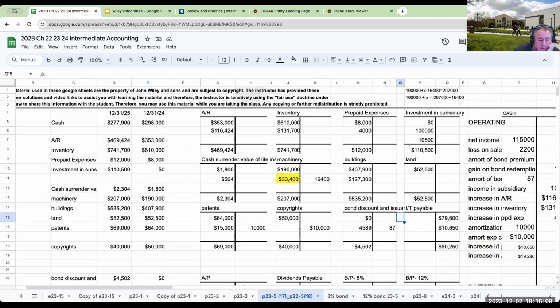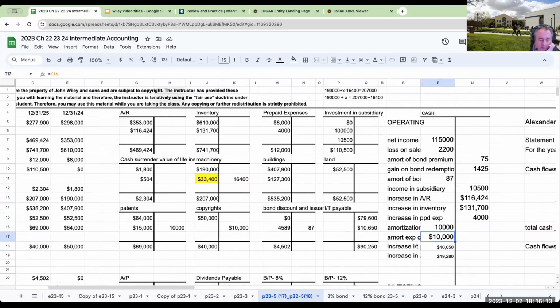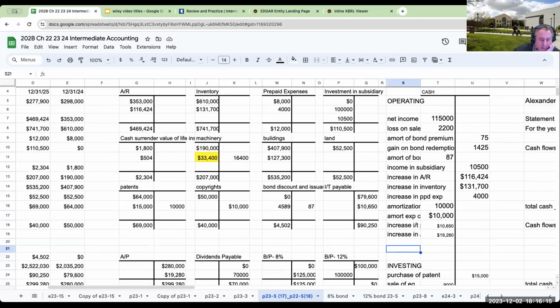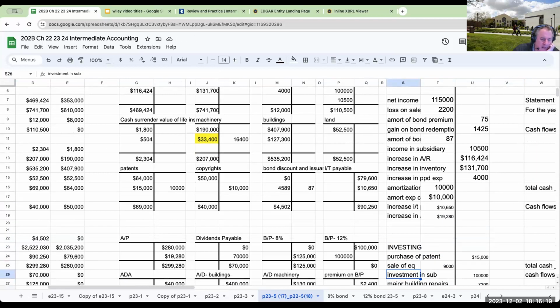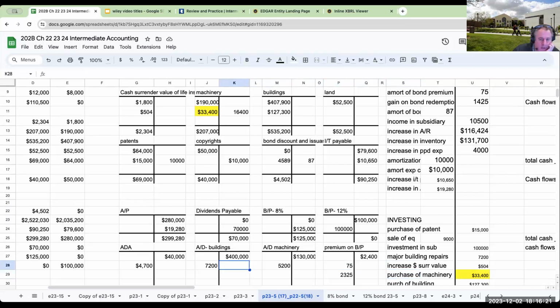However, in this case, they're combining it. In order for me to do this, I'd have to do the opposite to cash.